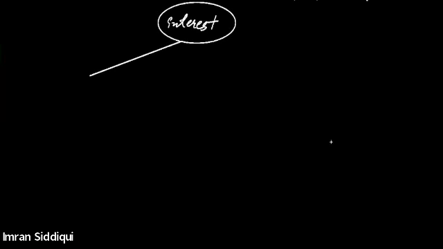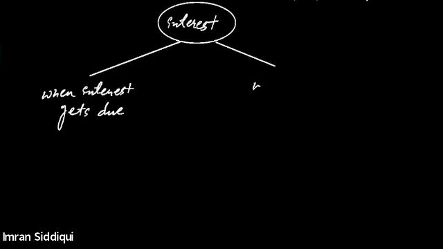Firstly, to make the interest due, when interest gets due, the journal entry will be different. When interest is being paid, we need to do a different journal entry. So whenever it says we are paying interest, we need to pass two entries.